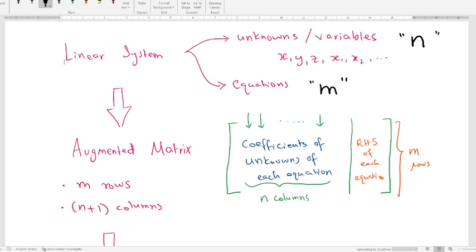Now in order to do that, we represent the linear system in the form of an augmented matrix. In an augmented matrix, we have m rows, each row corresponding to each equation, and n plus 1 columns. The first n columns correspond to the coefficients of each variable or unknown in each of the equations, and the last column represents the RHS of the equation.